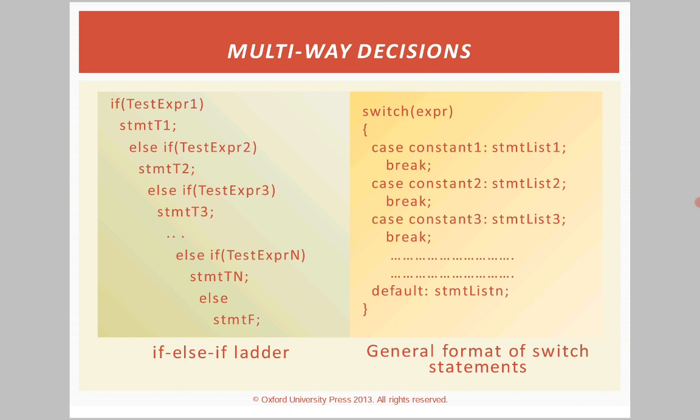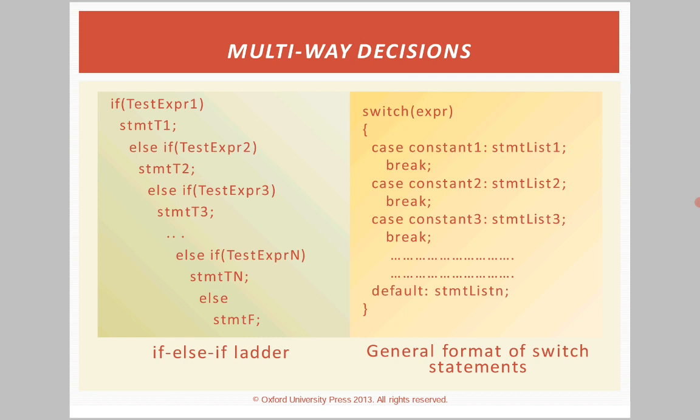In this way, first test expression 1 is tested. If it is true, statement 1 is executed; else if test expression 2 is true, then statement 2 is executed; else if test expression 3 is true, then statement 3 is executed, like that.